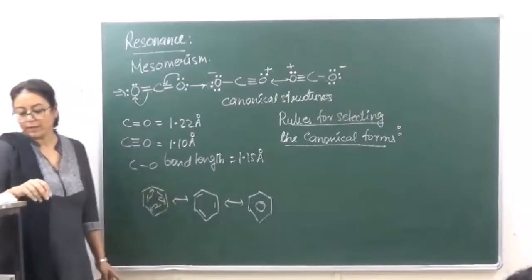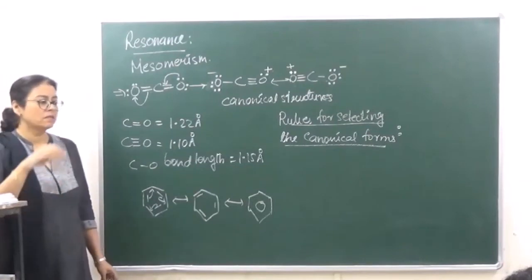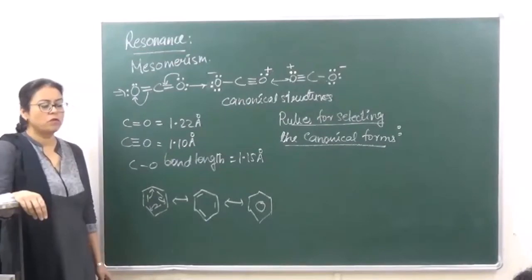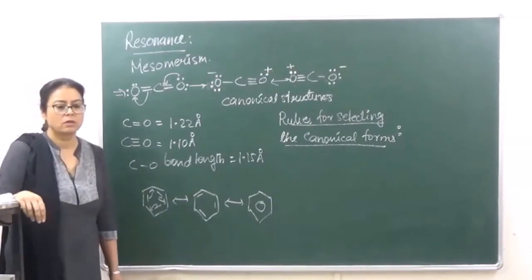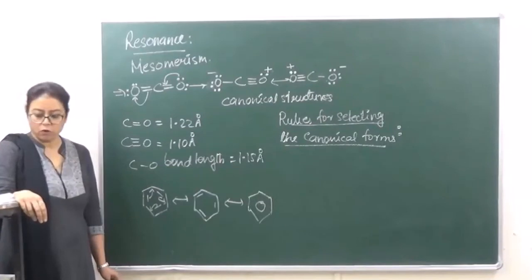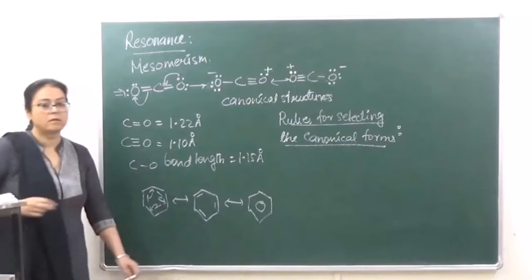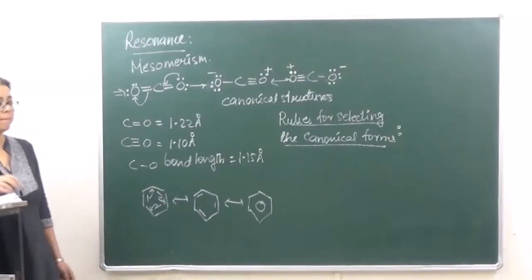Write number 1: the relative position of all atoms in each of the canonical forms must be the same.